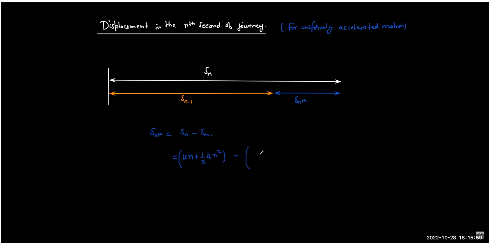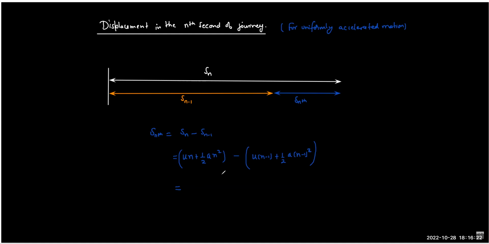Similarly, what should we write for Sn minus 1? Tell me, guys. u into n minus 1 plus half a into n minus 1 whole square. Very good. Now it is easy for you to rearrange and simplify. If you rearrange and simplify, how much will you get?